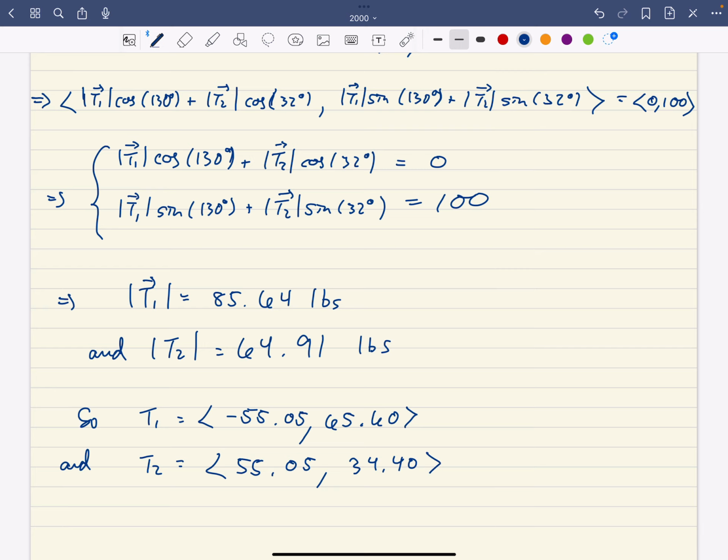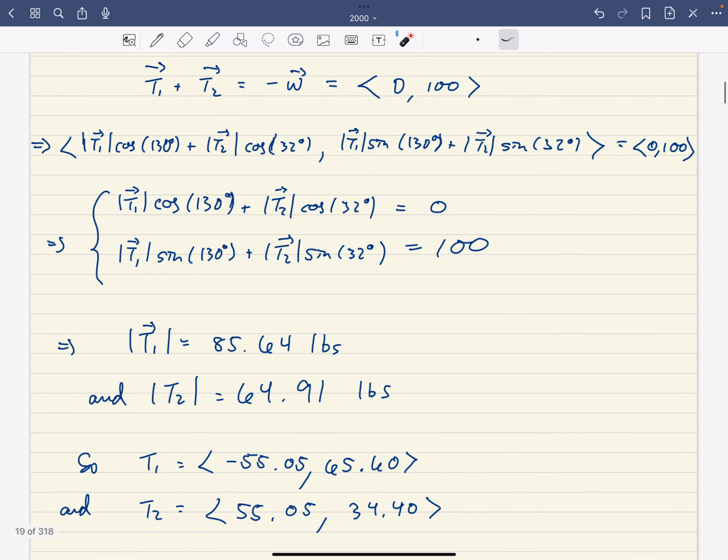So those are the two components there. That's what we were looking for in number 3.